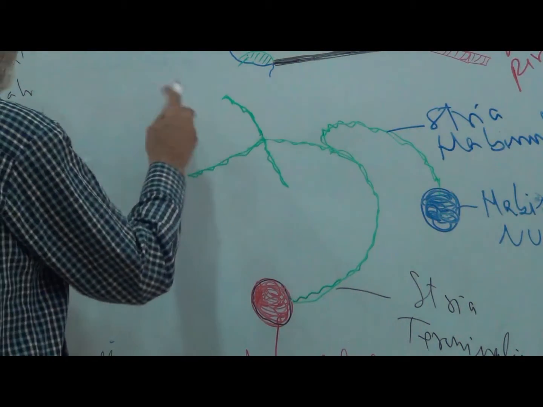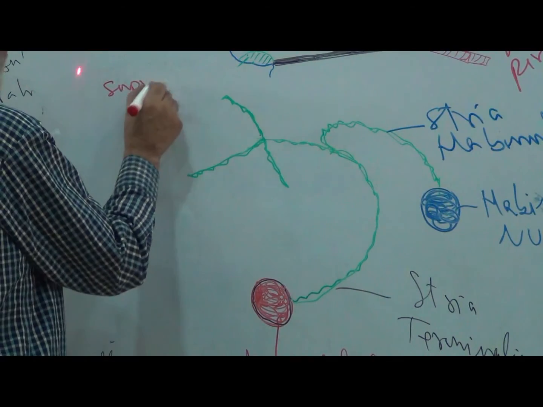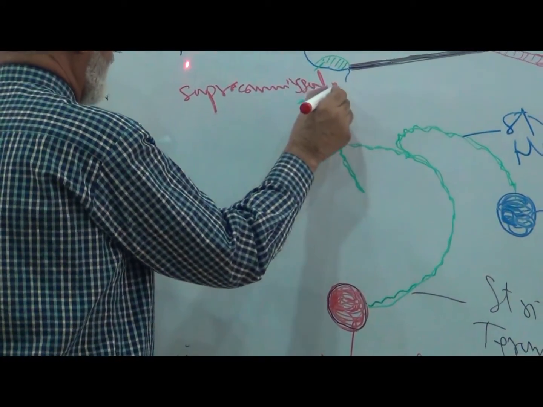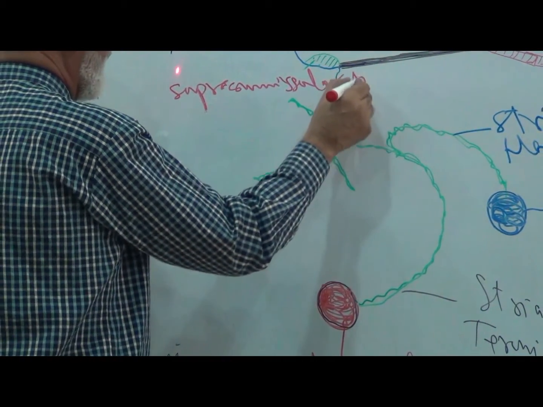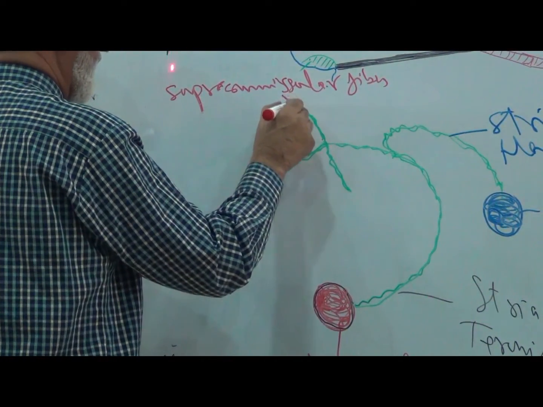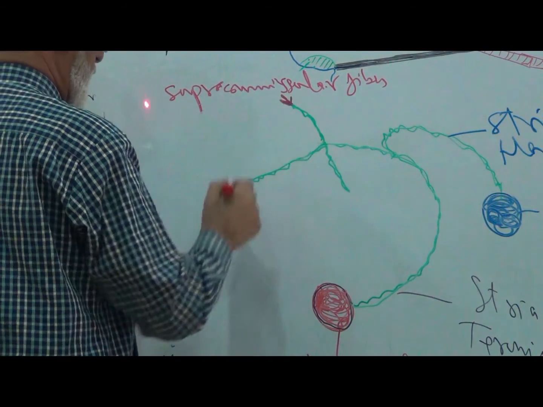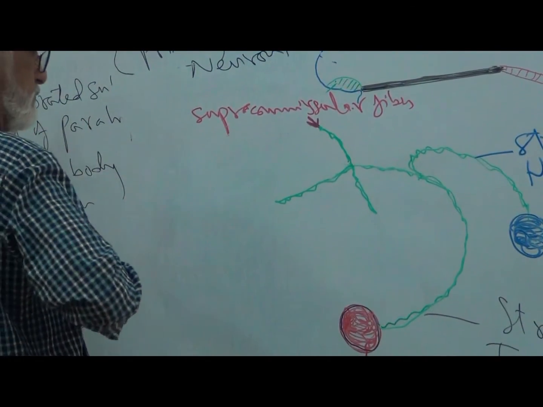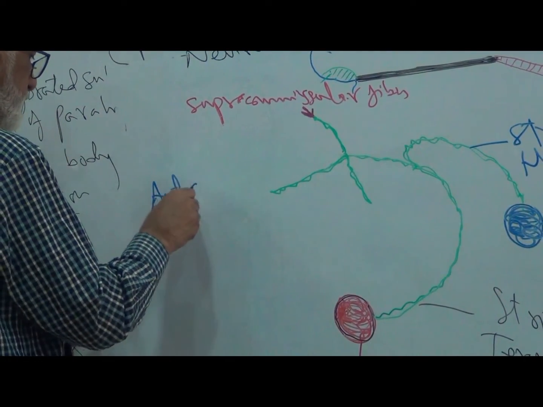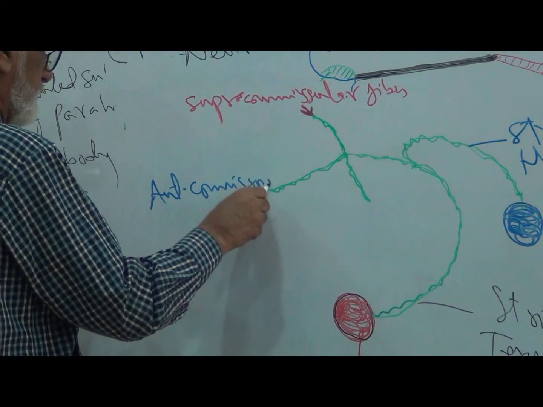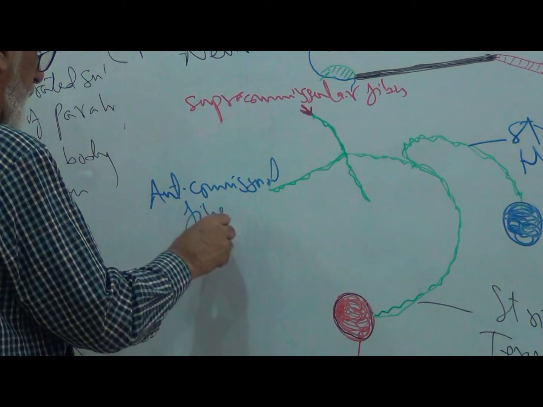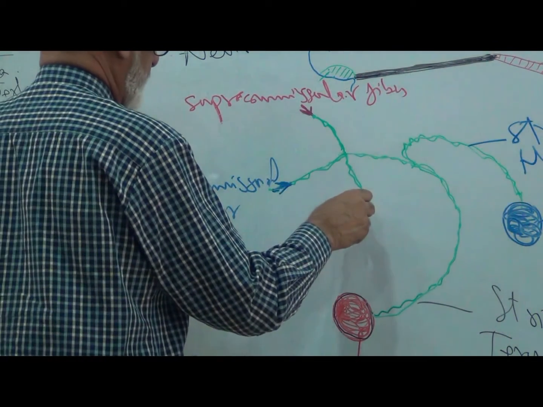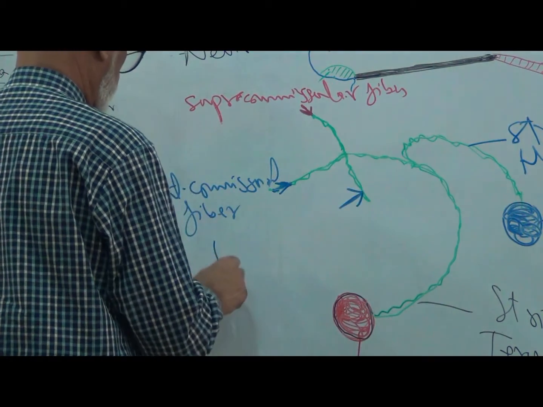These are known as supracommissural fibers, anterior commissural fibers, and infracommissural fibers.